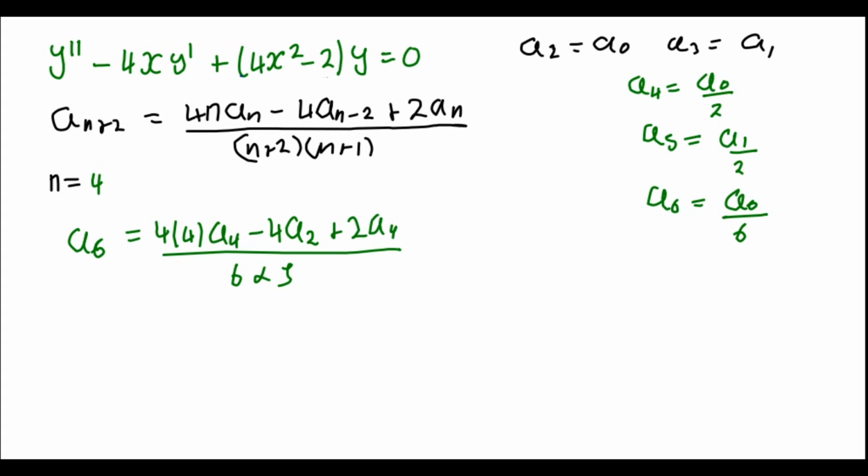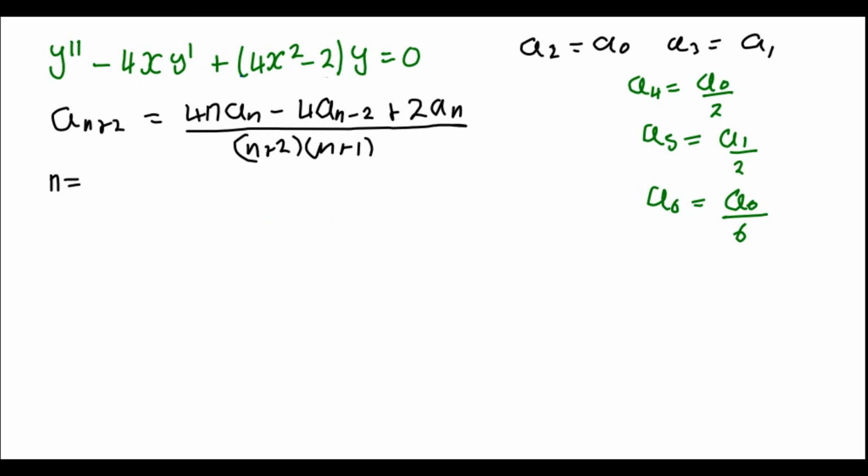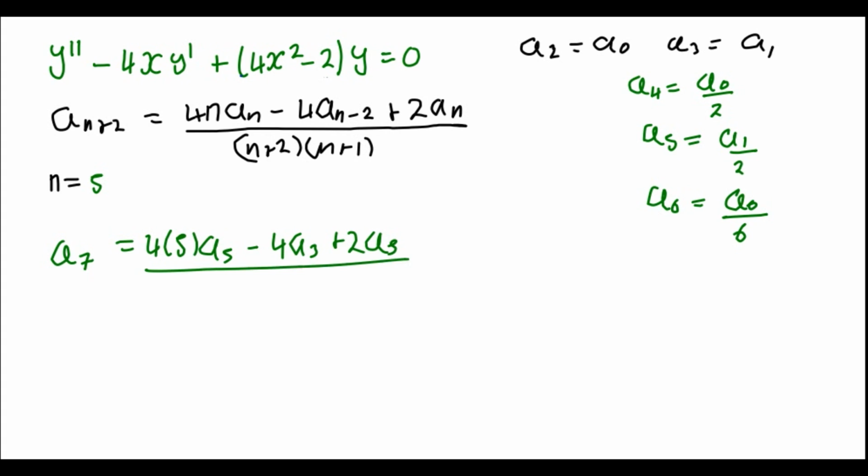So let me try out maybe the last step. I can continue with this, but I'll just call it the last step for now. So I'll say n is equal to 5. Meaning this would be a sub 7 is equal to 4 times 5, then a sub 5 minus 4 a sub 3 plus 2 a sub 5, divided by 7 multiplied by 6.